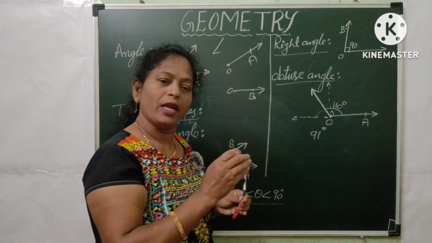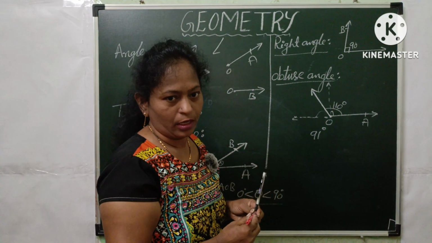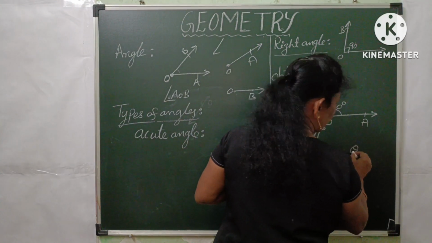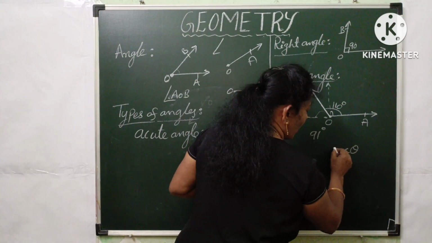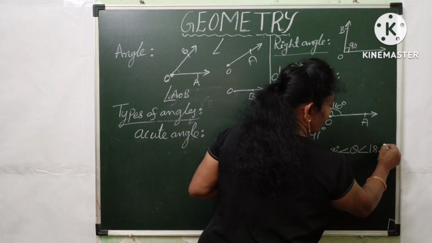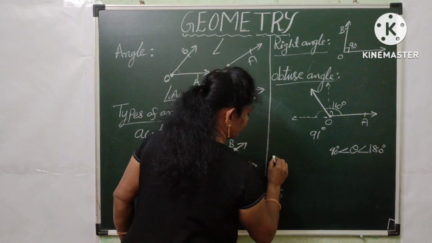Why? Because up to 90 degrees is a right angle, more than 90 it is an obtuse angle. We can write the symbolic form also: theta is an angle more than 90 degrees and less than 180 degrees. Next one, straight angle.